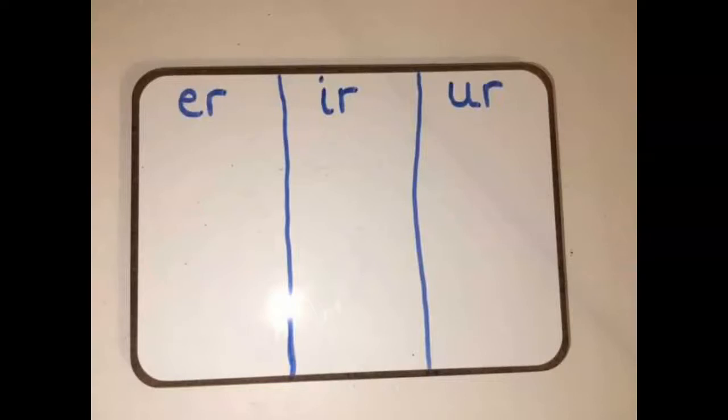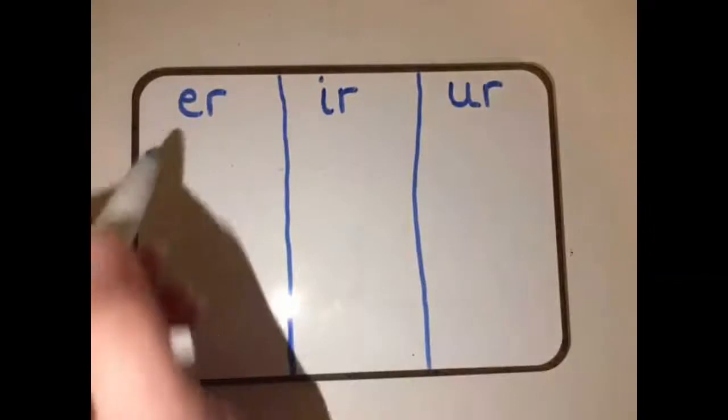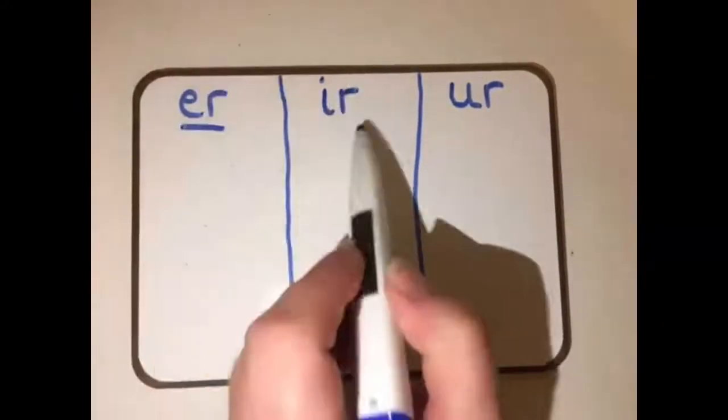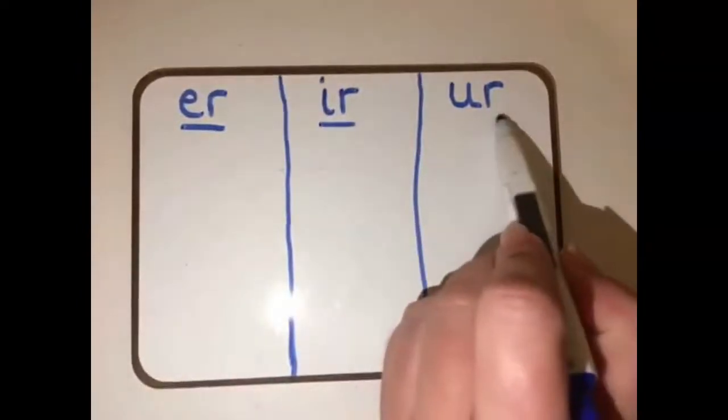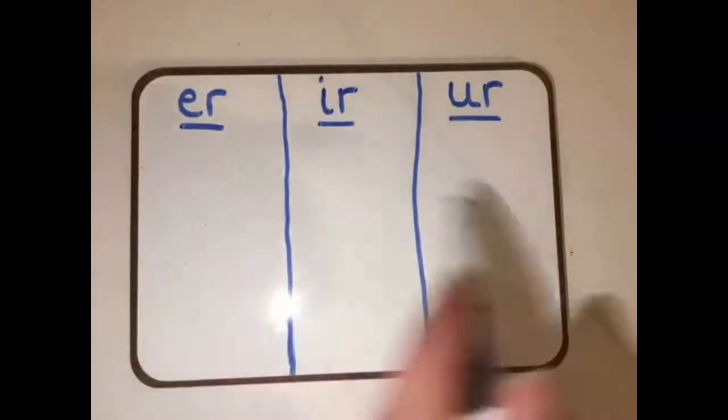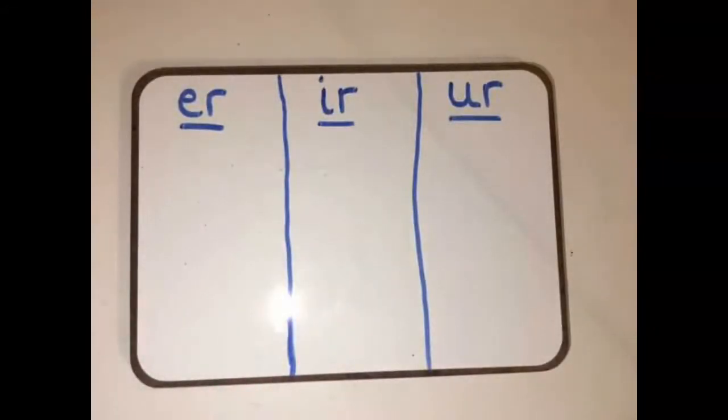The bird flew to its nest. Bird. Do you think that bird has the sound with ER, IR, or UR in it? Take a minute and write it in the correct section with the sound that you believe is spelled in bird. Let's pause the video and write it down, please.